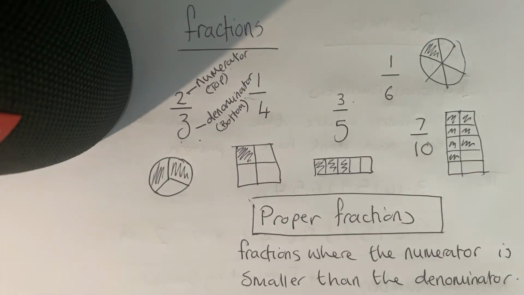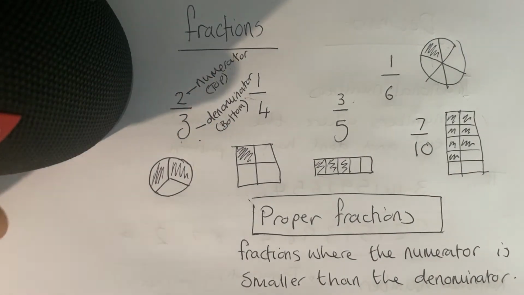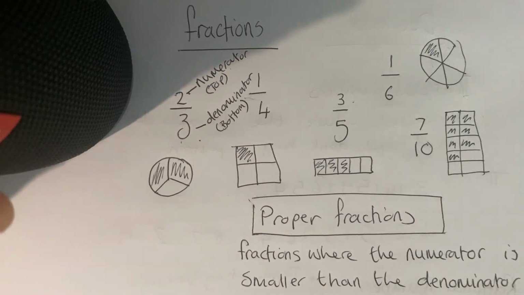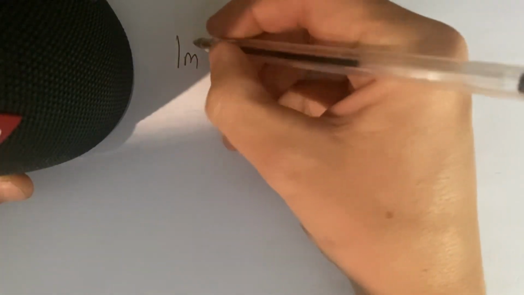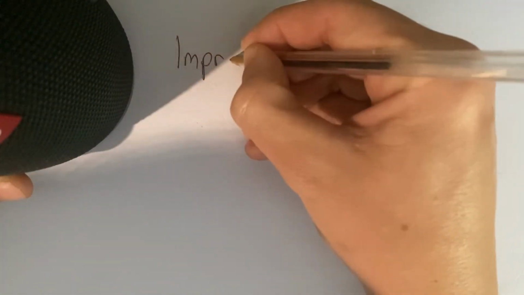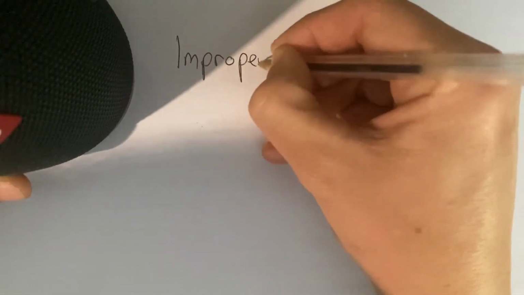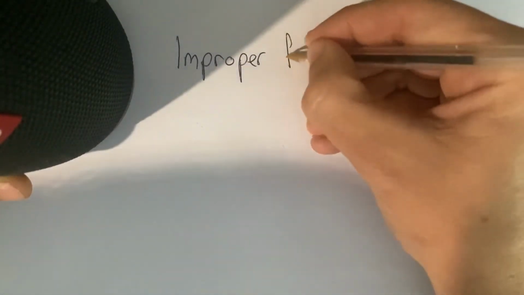Let's have a look at the reverse side of that, which is improper fractions. Okay, so I'll write them down here. So it's IM here, improper. I don't understand why it's IM, but there we go. Improper fractions.